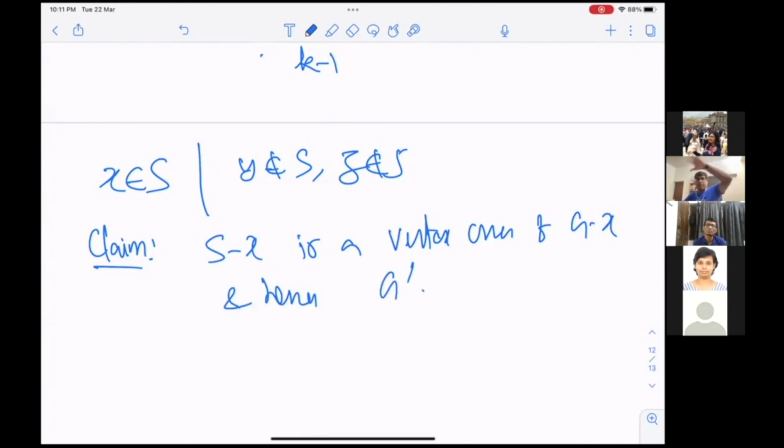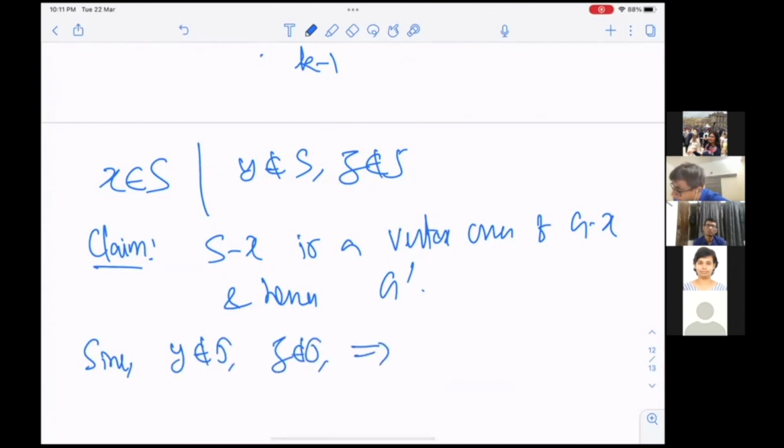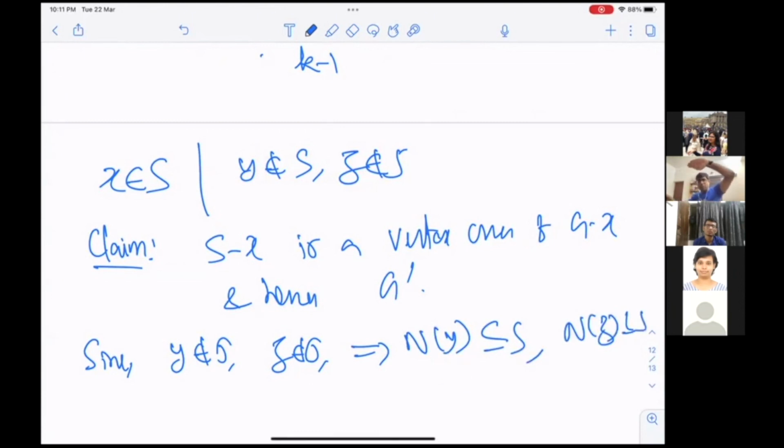Look, because you are not picking Y and Z, it means you have picked up all the other neighbors of Y and Z into your S. Right? Look, since Y does not belong to S, Z does not belong to S, implies N of Y is a subset of S, N of Z is a subset of S. So if you don't pick YZ, you are picking all the neighbors anyway. So you can show that S minus X is the vertex cover of G minus X and hence also G prime, of size, how much? K minus 1. Okay, so this is why we clubbed these two vertices.